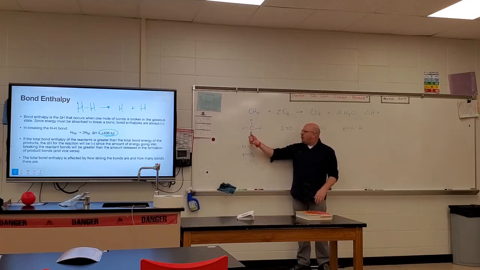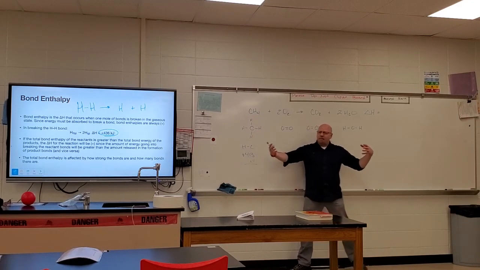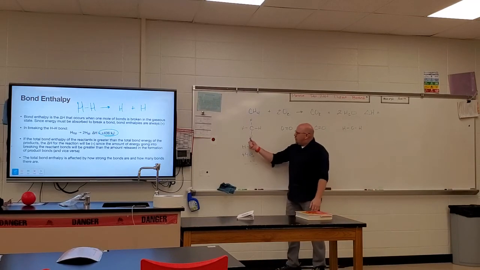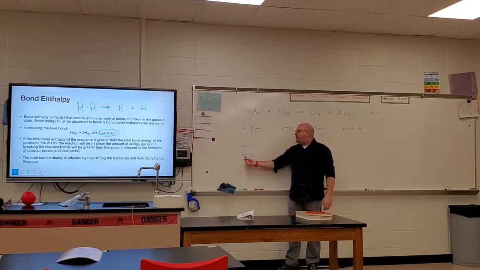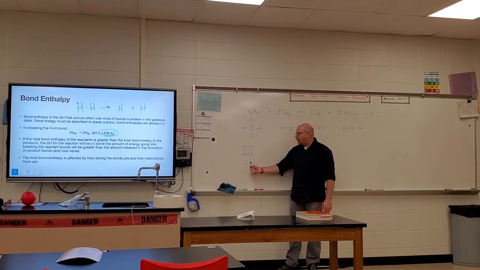Basically, we're going to break apart everything, and then let them come back together on the product side in a different way. So we're going to add 413 kilojoules per mole of each of these carbon-hydrogen bonds. We multiply by 4 because we're breaking 4 of them.